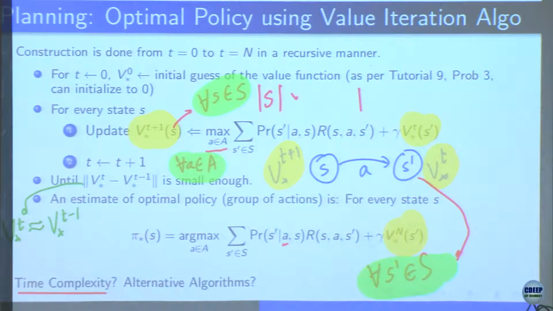Size of S into size of A into again size of S. The first size of S is this one, the size of A is coming from here and this size of S is coming from here. So you look at all states, you are basically looking at interaction for every pair of states and through every possible action. In simple plain English, that's all you are doing.